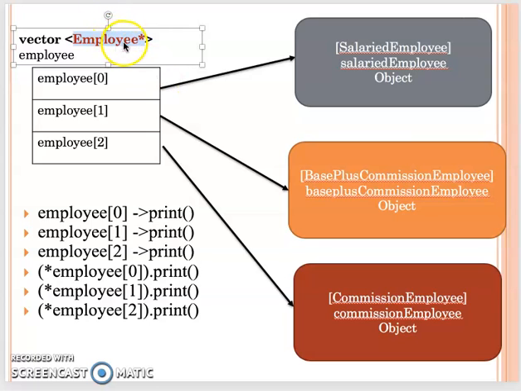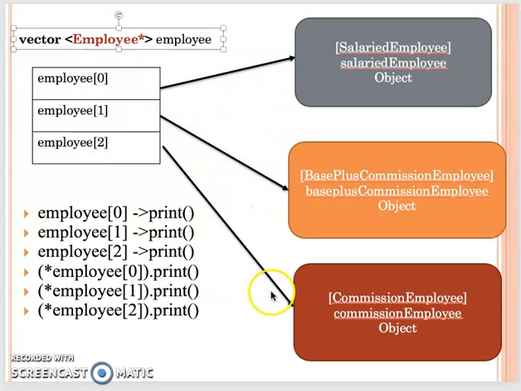So earlier we made our employee class an abstract class. An abstract class cannot create a solid object, but it can be the data type. So for example, I have a vector called employees. You see employee 0, 1, 2 refer to different objects. Can I use the vector to invoke the print function?